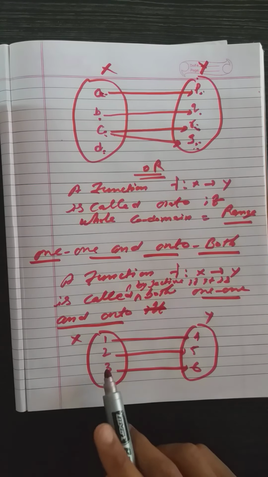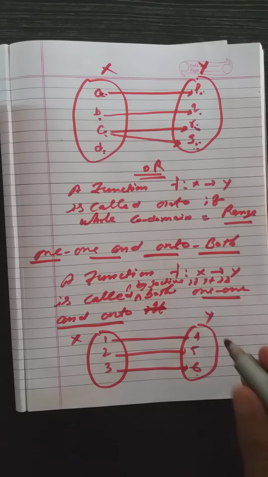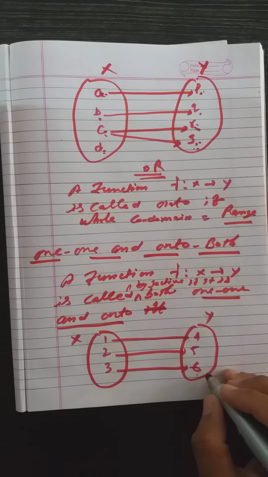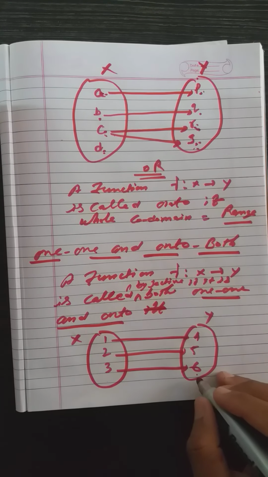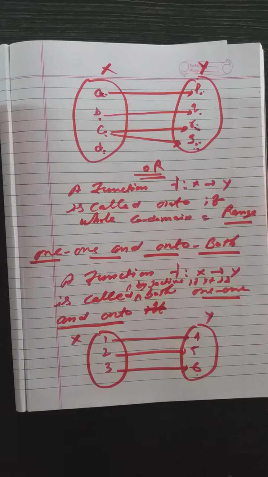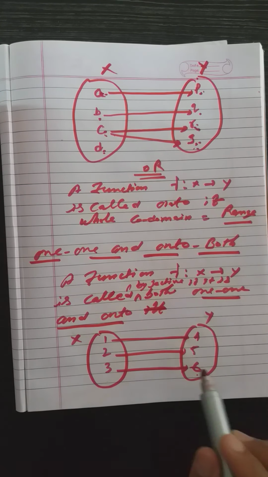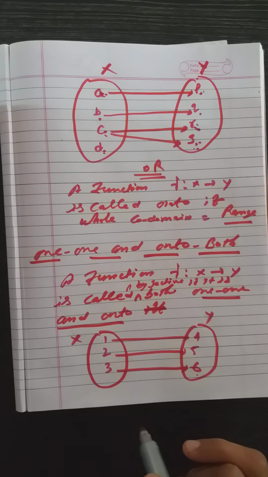And the whole codomain in Y is in the range. No element is left in Y which is not an image. Therefore this type of function is called one-one and onto. It means it is called a bijective function.